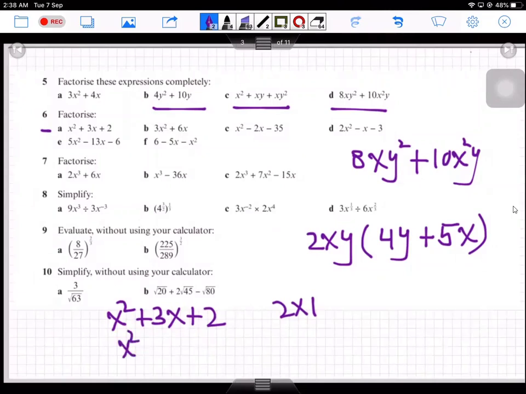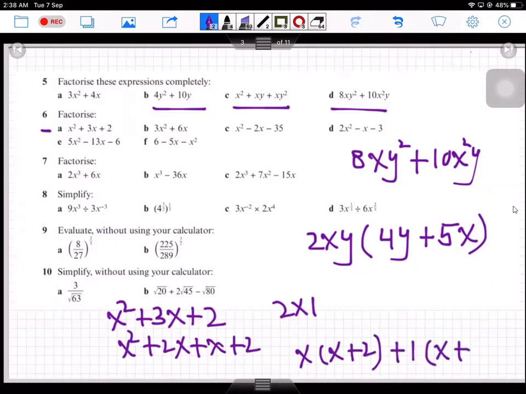So x square plus 2x plus x plus 2. Therefore, taking x common, multiplied by x plus 2, taking 1 common, multiplied by x plus 2. This factor and this factor are supposed to be the same. I mean, these two brackets are supposed to be the same. So you can say that you are doing the factorization accurately, and there are no issues in it.